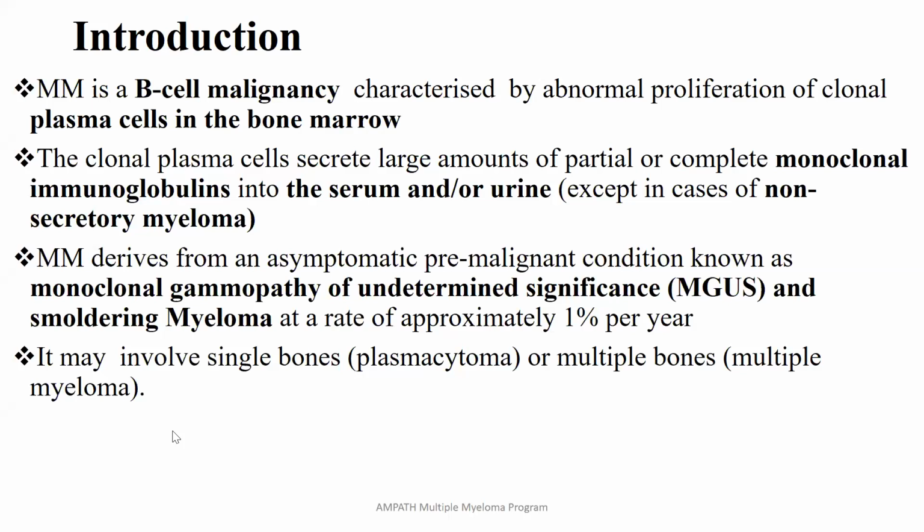The unique thing about plasma cells is that they produce immunoglobulins, and you will have an excess of these in either blood or urine. Also, for multiple myeloma, there is a premalignant stage, and I think this is important for us to appreciate. We have a stage called monoclonal gammopathy of undetermined significance, and also smoldering myeloma.